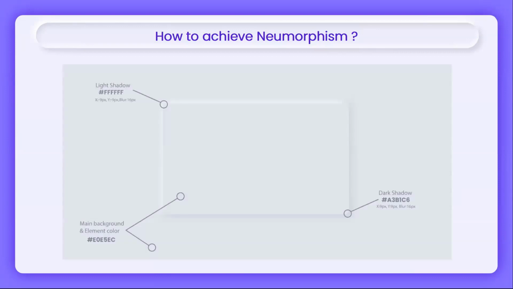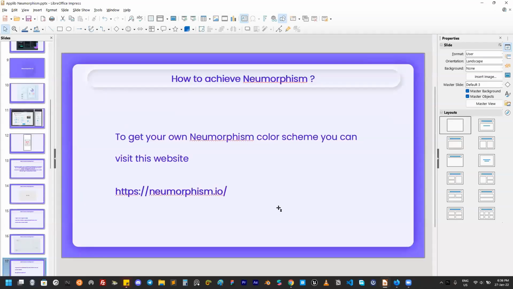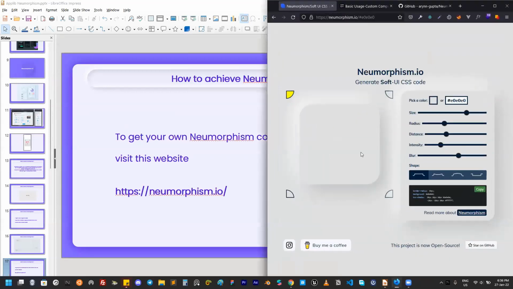As you can see, on the top and the left corner, we are using a lighter shadow, and on the bottom and the right corner, we are using a darker shadow, while the background and the component have the same color. So if you want to create your own color schemes, there is a very fantastic website called neumorphism.io.